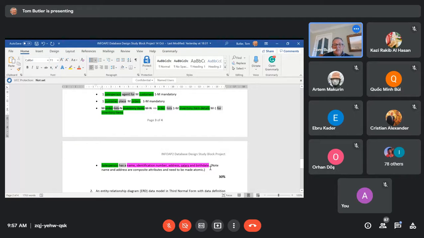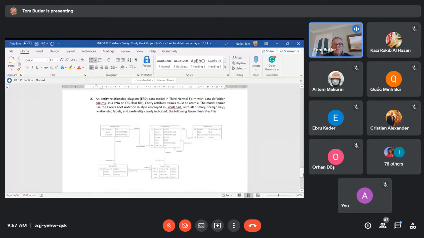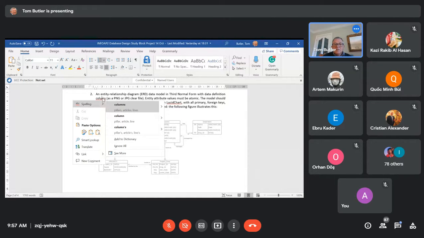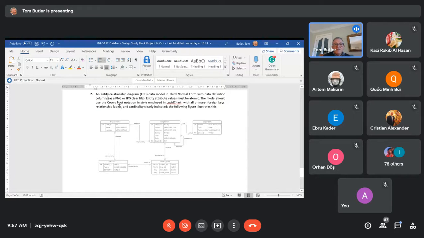And the fact that name and address at this point are composite attributes and need to be atomic: first name, second name, address, street name, and so on. Okay? And for the second deliverable, it's an entity relationship model in third normal form with data definition columns.